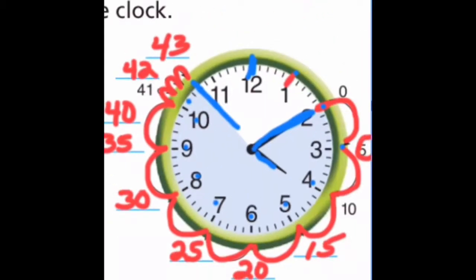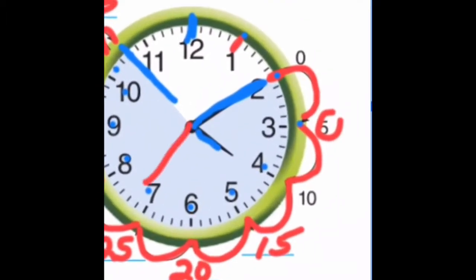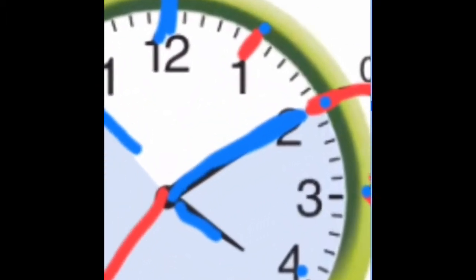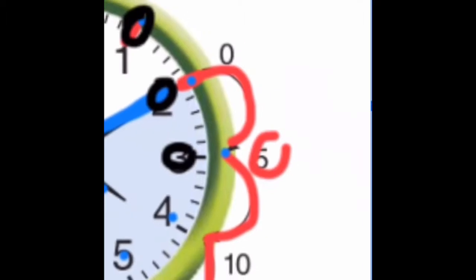Okay, so we counted 40 minutes, and then that's 41, 42, and 43. Okay. Now, hopefully I didn't confuse you by saying this here was 5 and 10 and 15, but when we look over here, it looks like 0 and 5.